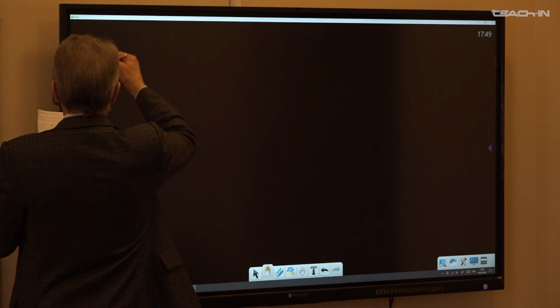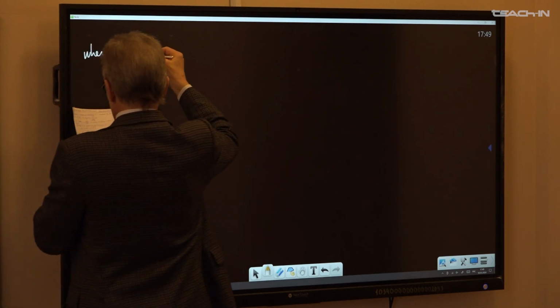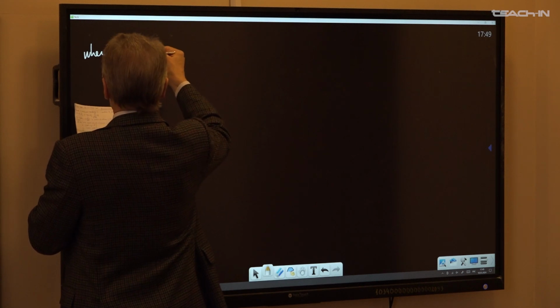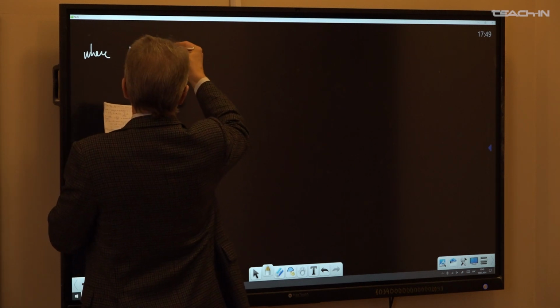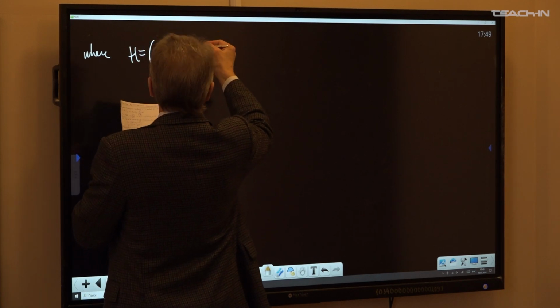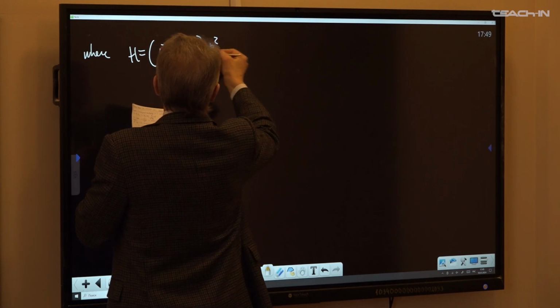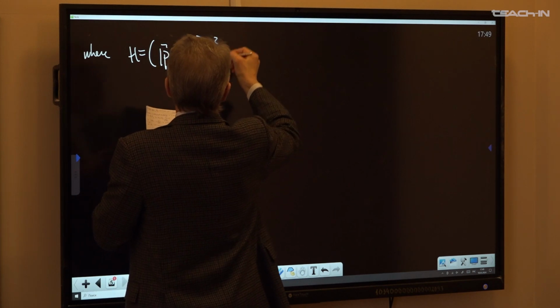So, once again, this Hamiltonian can be written in the following form. This is the part proportional to the unit matrix, which is not important and can be easily forgotten, but for completeness I write it.